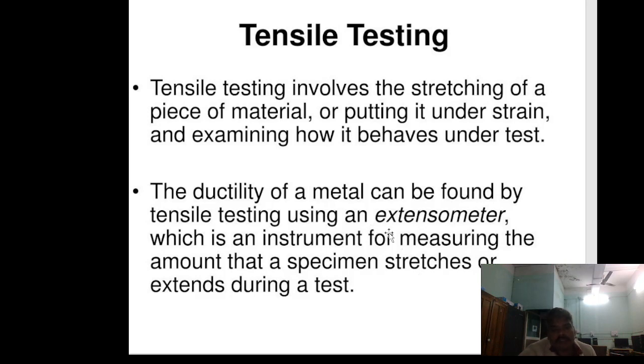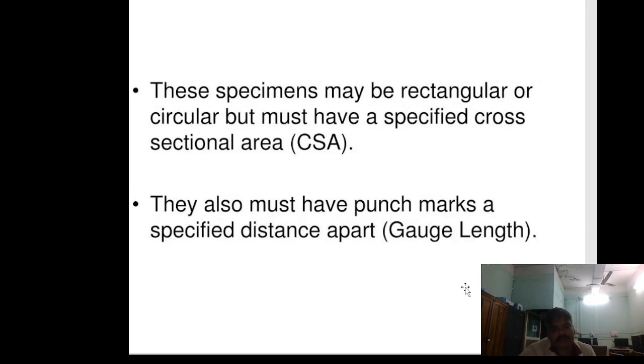The extensometer is the instrument which is used for measuring how much stretch occurs during the loading. These specimens may be rectangular or circular but must have a specified cross-sectional area according to the standard. They also must have punch marks a specified distance apart, which is known as gauge length.